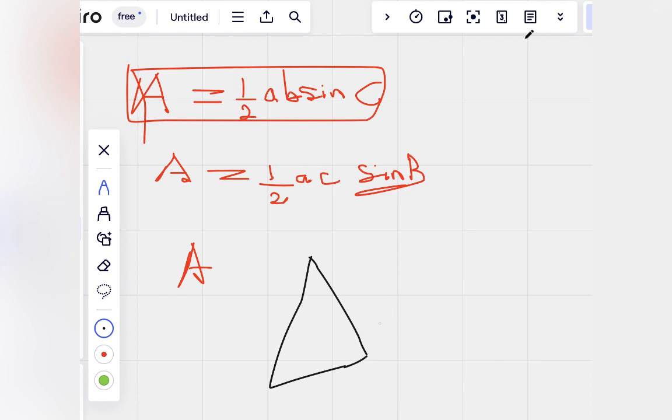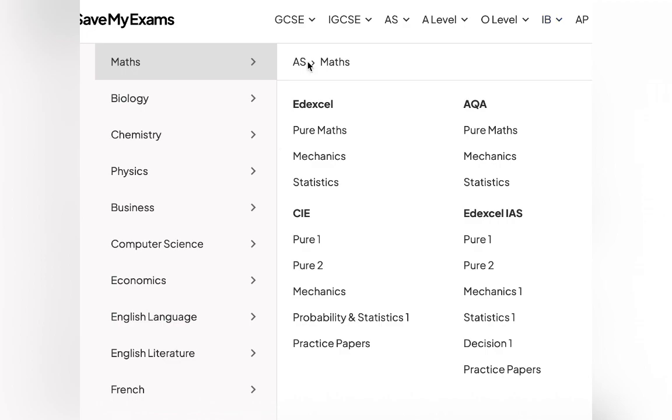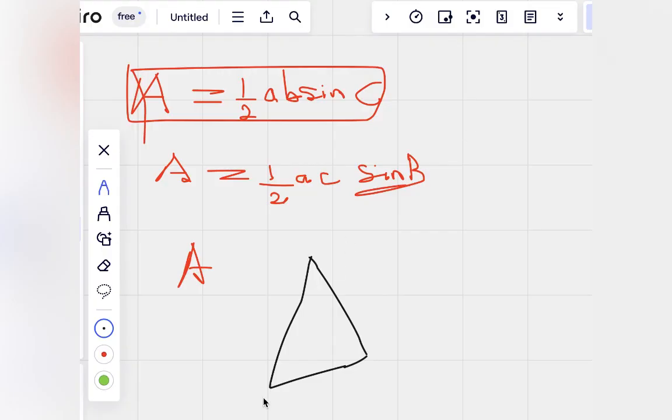So here, we say angle A is 74 degrees. Here is A, 74 degrees, here is B, and here is C. So here is ABC.